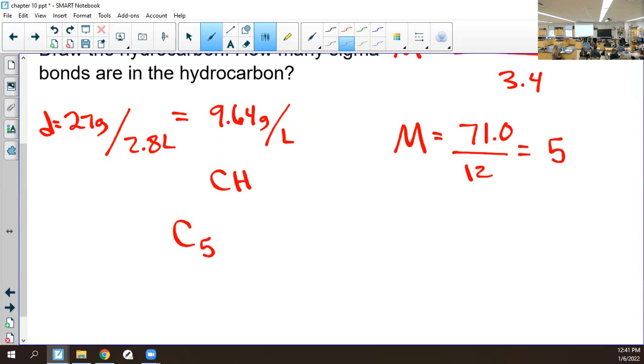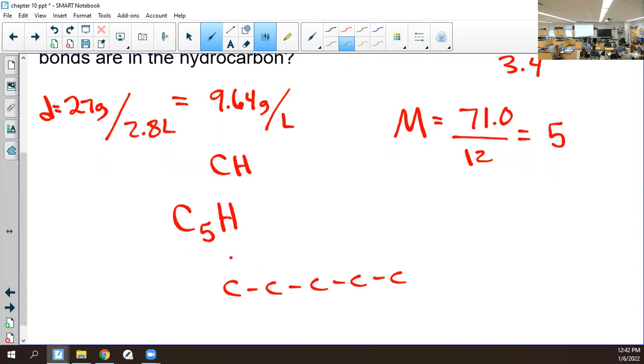Now I have H's. If this is a simple hydrocarbon, I have no double bonds. So I have a C, a C, a C, a C, and a C. And then I would have to complete, and I would get 1, 2, 3, 4, 5, 6, 7, 8, 9, 10, 11, 12. And then I would ask myself, does this add up to roughly 71?